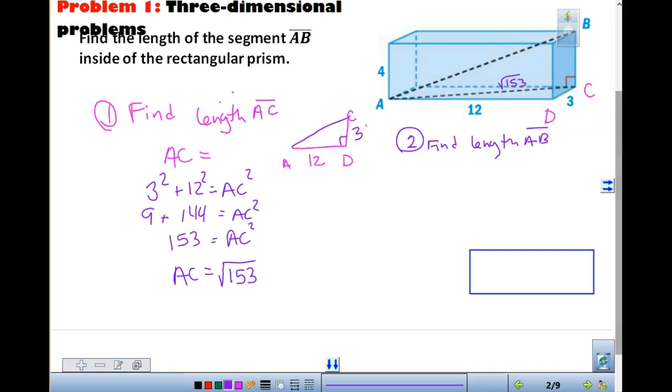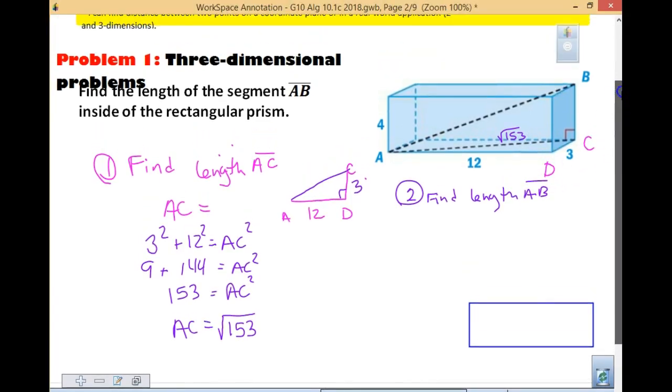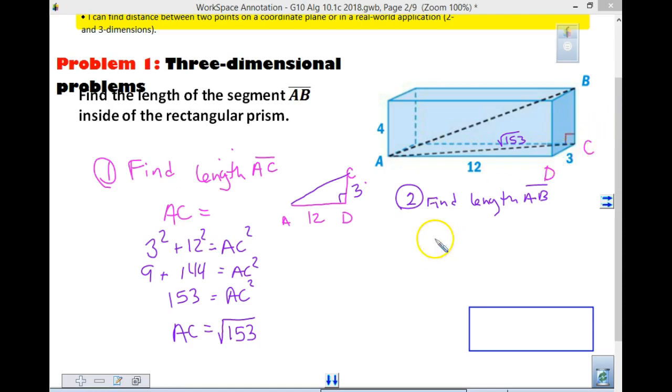Okay? I want you to notice that in our picture, we now are going to use another right triangle. And this time your right triangle is going to go from A to C, and you're going to go up to B. Do we know how far it is between C and B by looking at the original picture? Yeah.